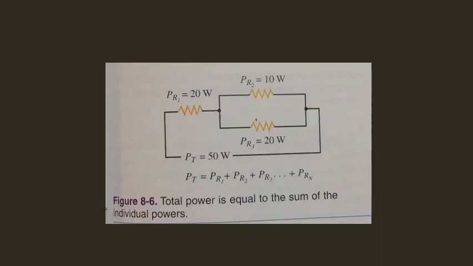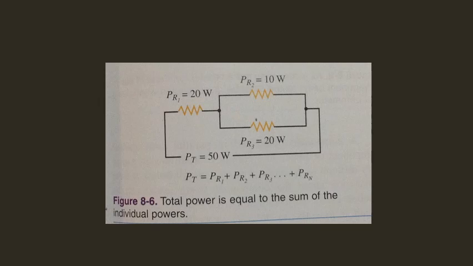Power in a combination circuit. Power in a combination circuit can be calculated by using either the formula P equals I squared times R, or power equals the current squared times resistance, or the formula P equals voltage times current.